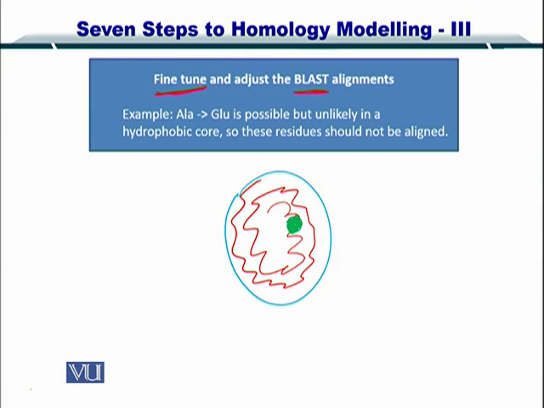What does fine-tuning mean? Fine-tuning means that residues such as alanine, which are replaceable by glutamine, but such a replacement cannot occur if the alanine amino acid is there in the hydrophobic core.